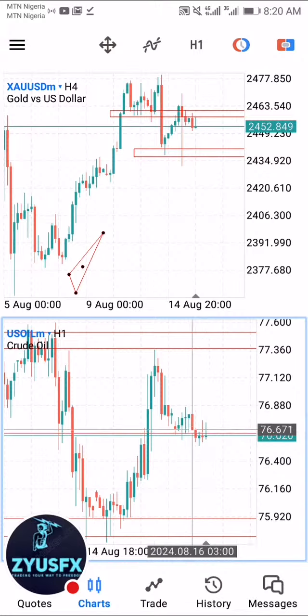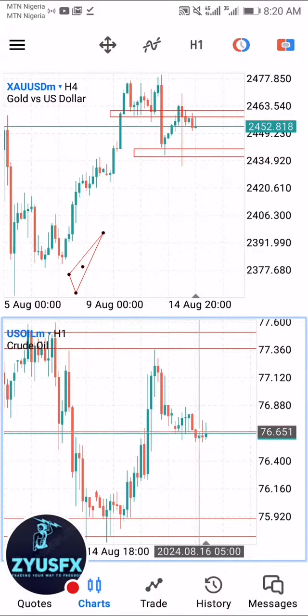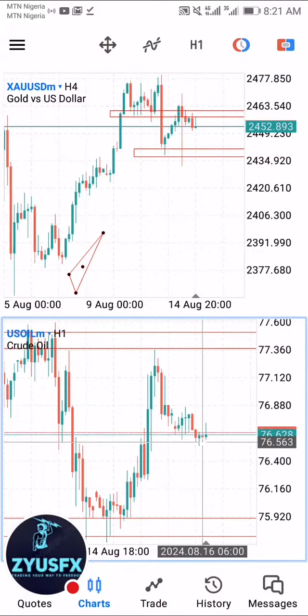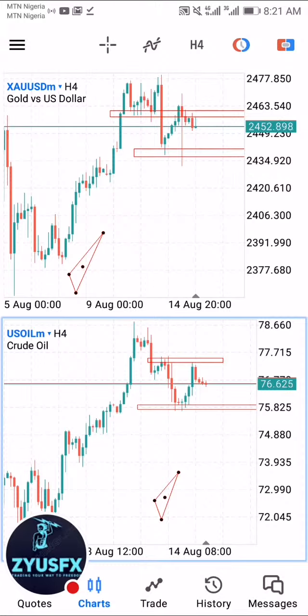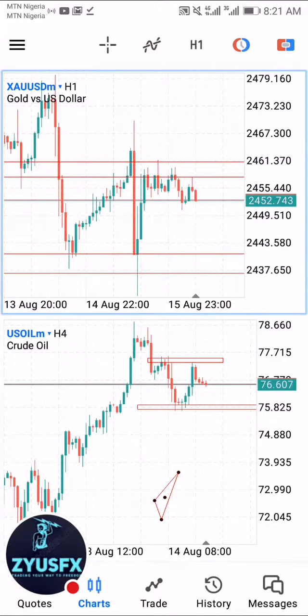You can see multiple weak rejections around this area. There's not enough volume in the market. So just keep waiting and see. And currently on gold, volume is still low for now.